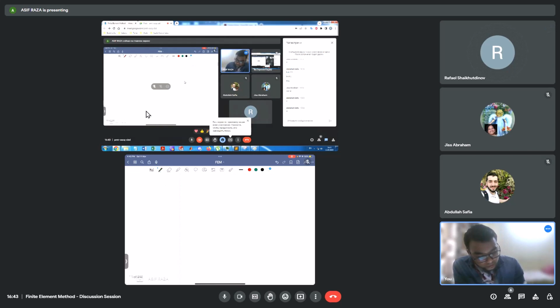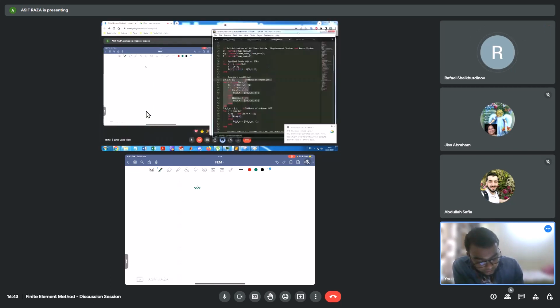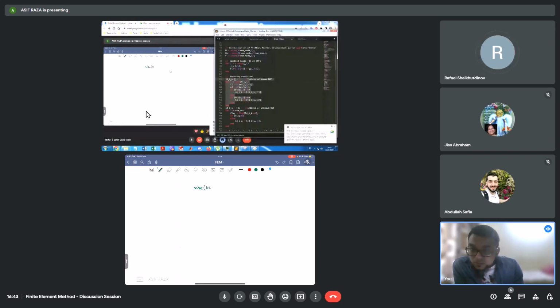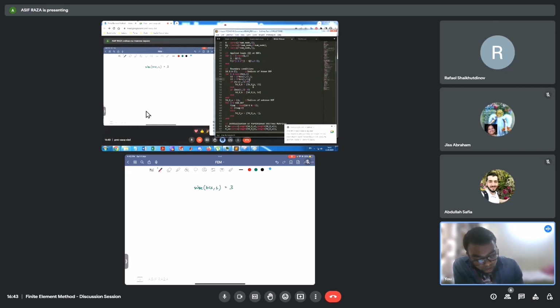Okay, so you see size of boundary conditions comma 1 is 3 now. So our I will run from 1 to 3. Boundary conditions were 1, 3 and 5.